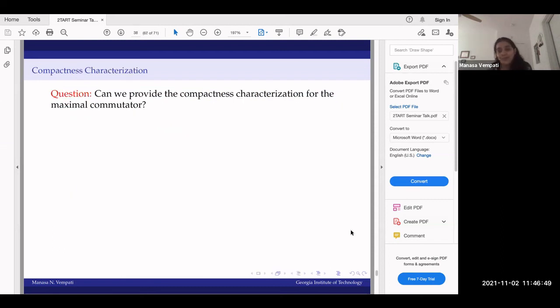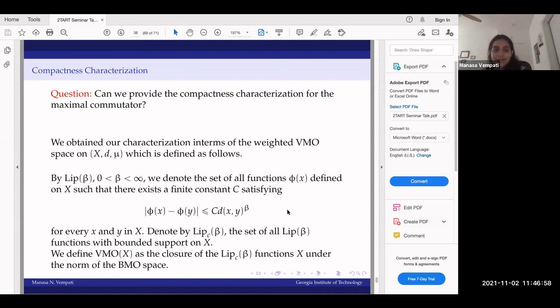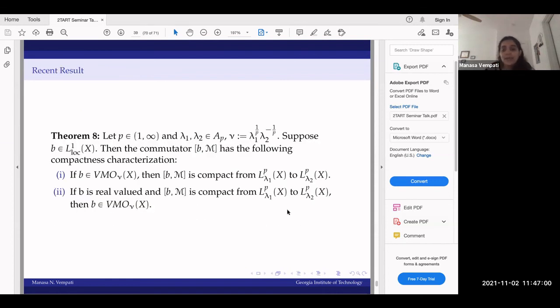In the most recent past, we have been working on giving the compactness characterization for the maximal commutator. I'm not going to get into many details, but this is the theorem that we proved. We extended our boundedness characterization and used it to prove the compactness characterization.